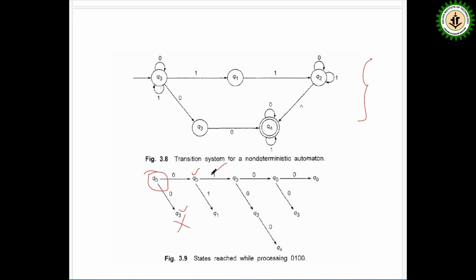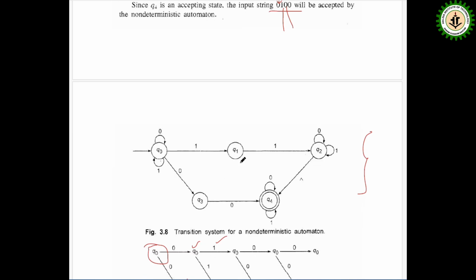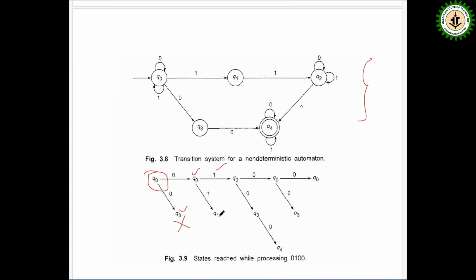From Q1, if the input is 1, the next state will be Q0 and Q1 as well. And in Q1, the next input character is 0. From Q1, there is no such edge, so the process will terminate here. But in Q0, there are two possibilities, Q0 and Q3, so we have to take both cases.